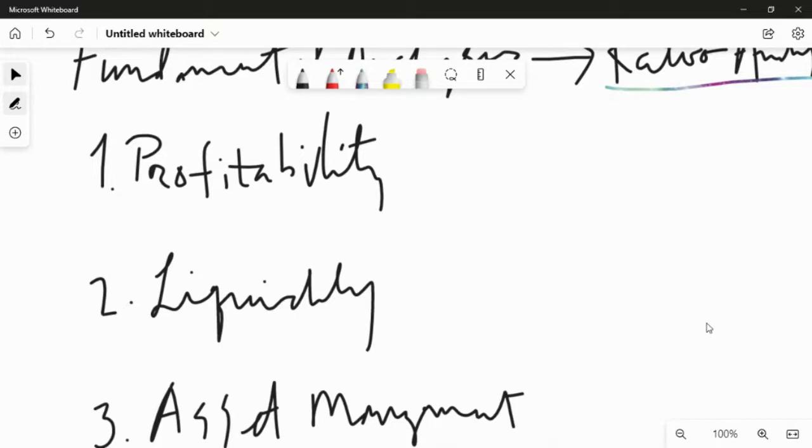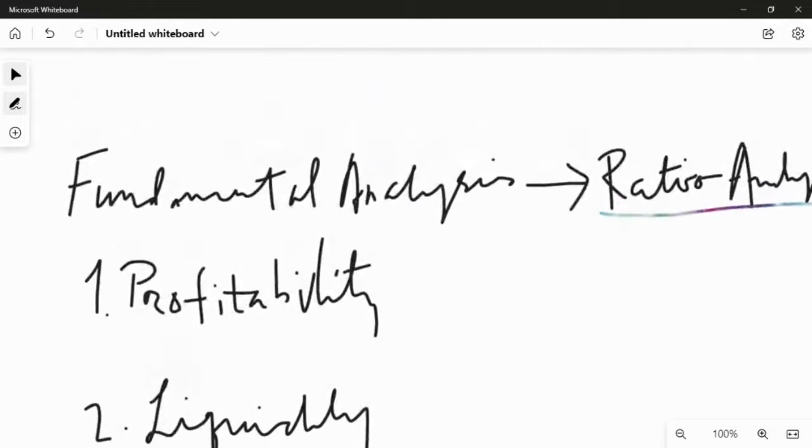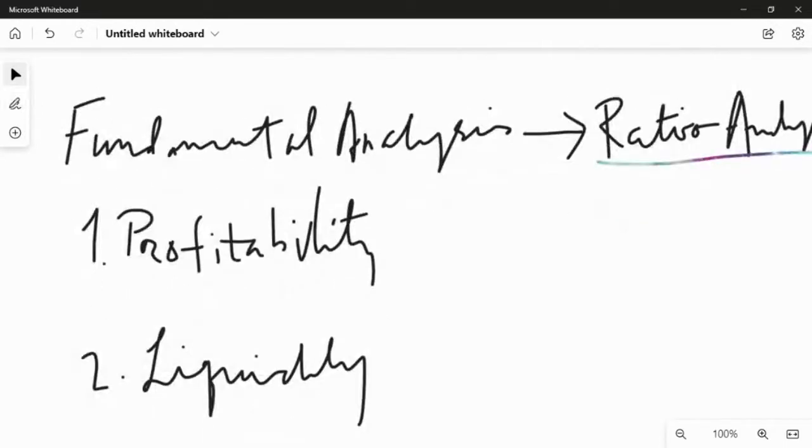In each category there are at least three to four variables, especially in profitability, at least 4 or 5.